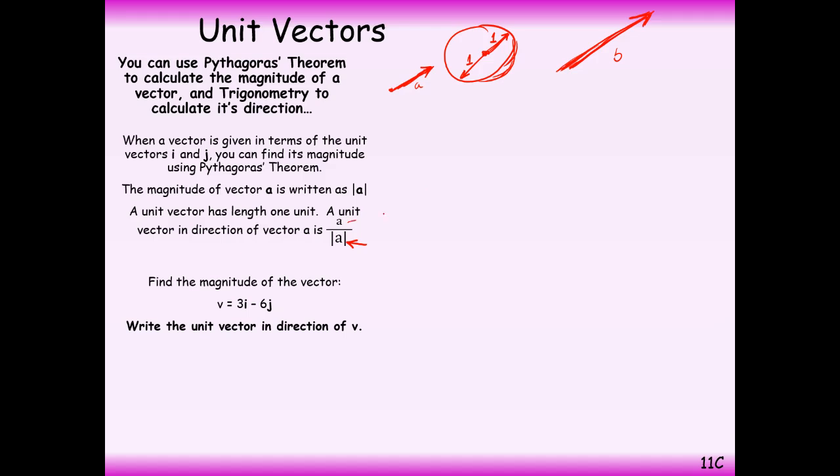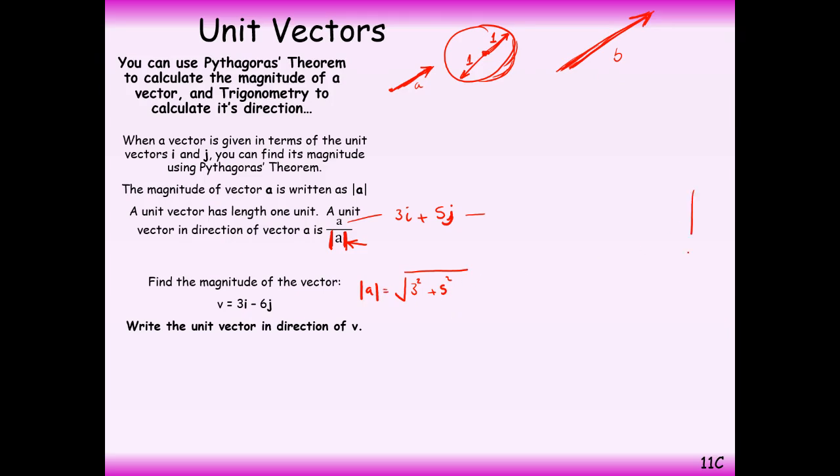Let's say A is 3i plus 5j. You use Pythagoras' theorem to figure out the magnitude of this vector. These vertical lines indicate the magnitude. So you say the square root of 3 squared plus 5 squared. This indicates that I'm finding the magnitude of A.